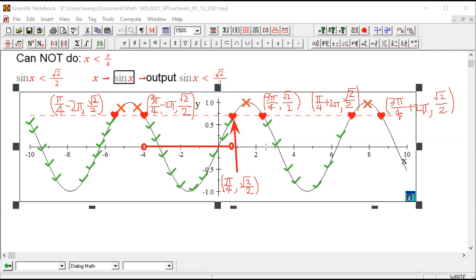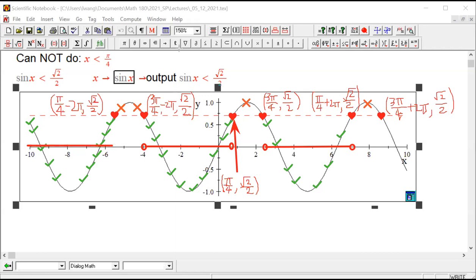Where do we get the solutions? That piece is solutions, because for all of these inputs we will have the output less than root 2 over 2. Some of them are even negative. Do you follow me? And you can keep going.